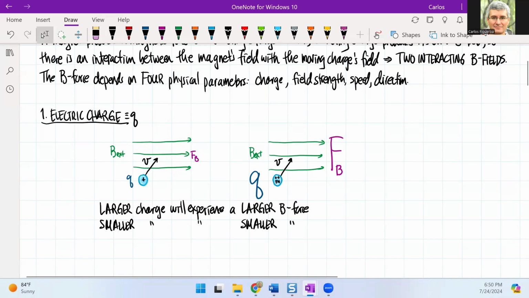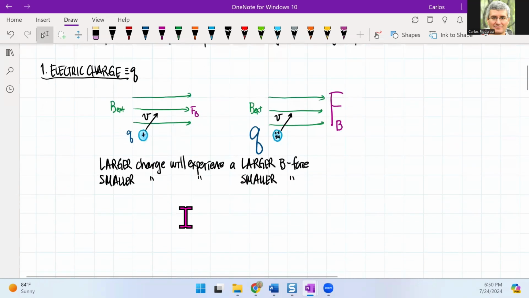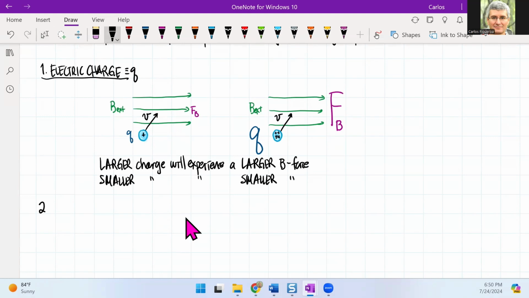So let's go look at the next thing. The other thing that it has to depend on is field strength. So now I have field strength. And this field strength is of course the magnetic field strength.